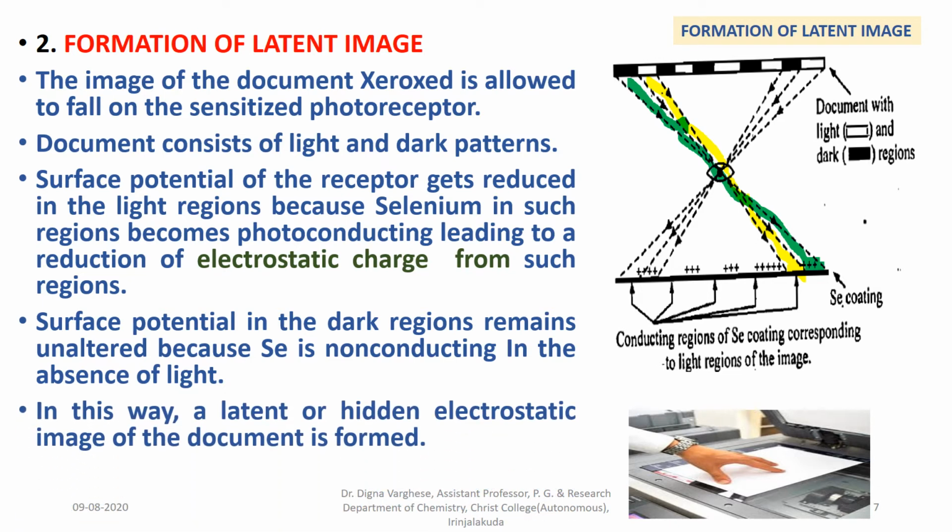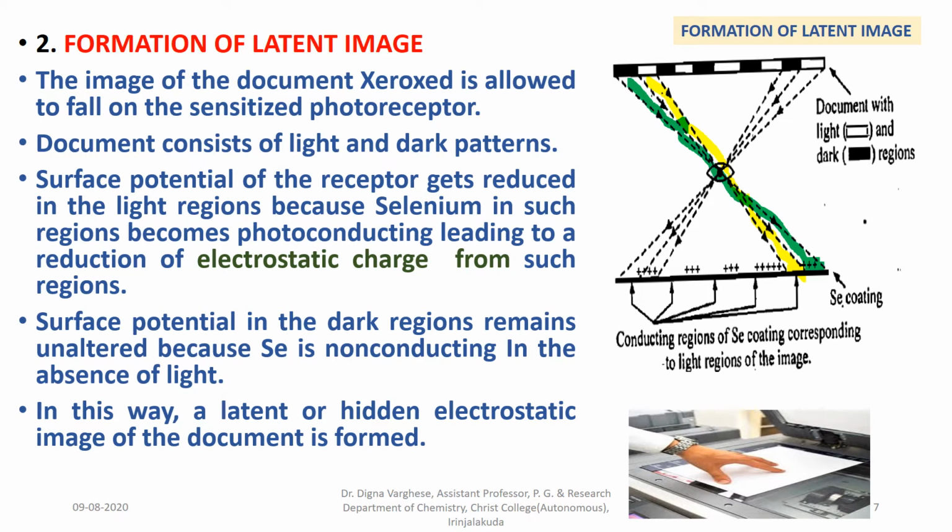In this way, a latent or hidden electrostatic image of the document is formed. That is exactly what forms a latent image in the photoreceptor. That is step 2, formation of the latent image.